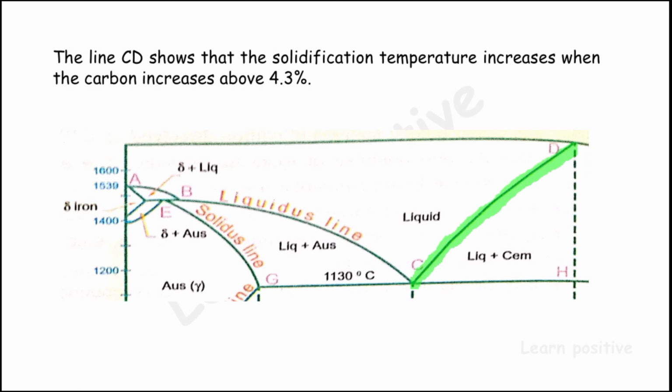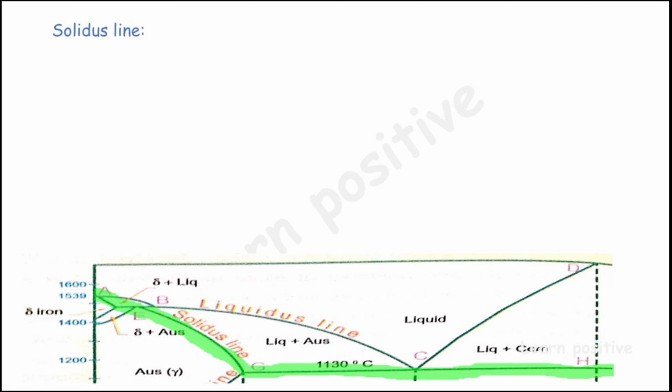And the line CD shown in the green line, from C to D, the temperature was increasing when the carbon is increasing above 4.3%. So when it is above 4.3%, the cementite is mixed with the liquidus line. And the solidus line is below the liquidus line.